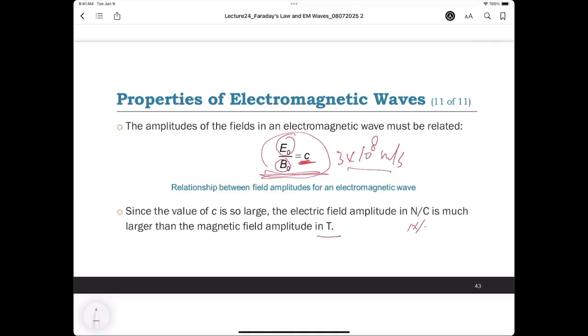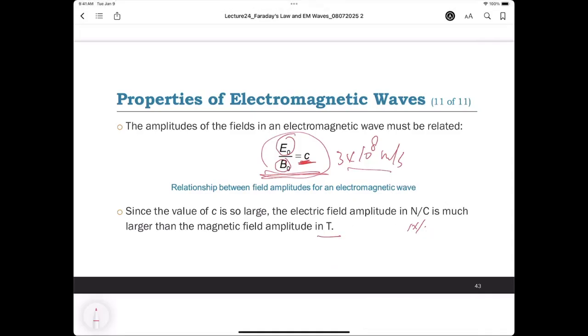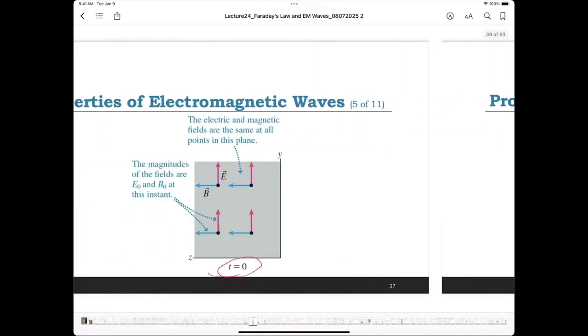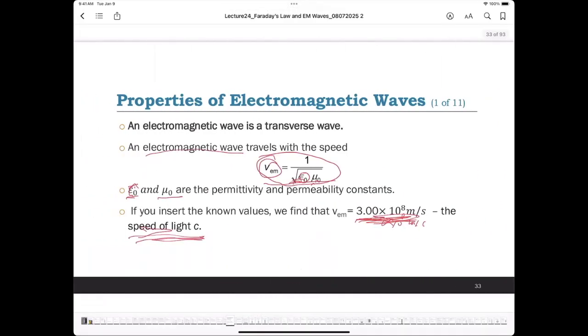Okay. This is for all the properties of electromagnetic waves that we talked about.